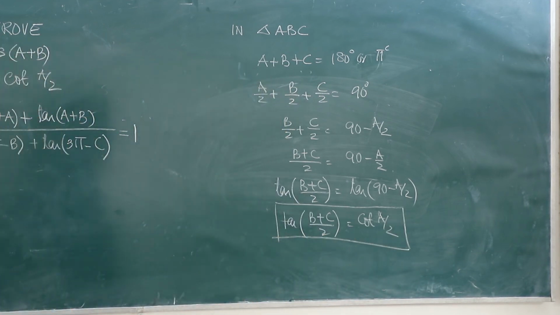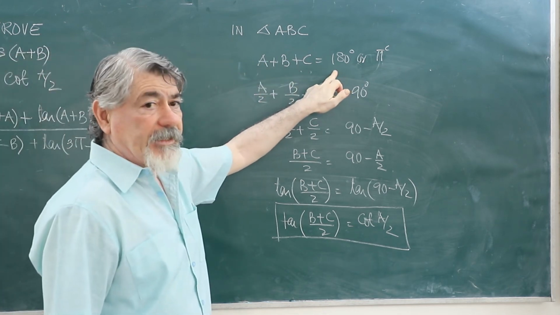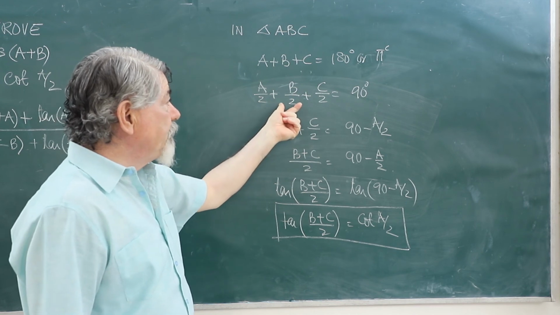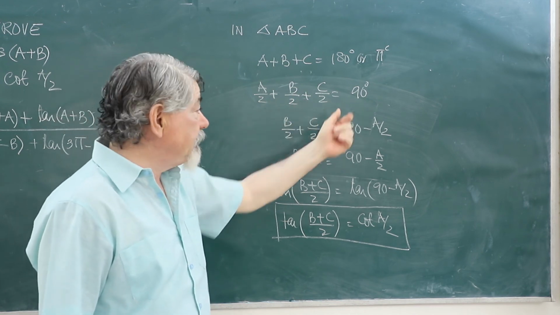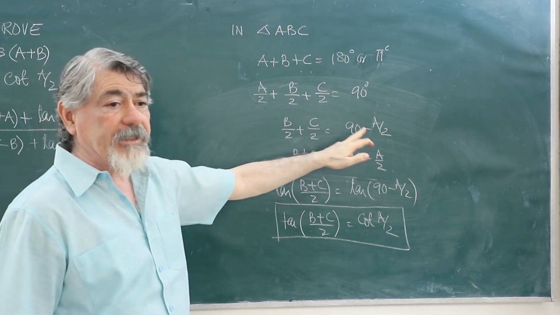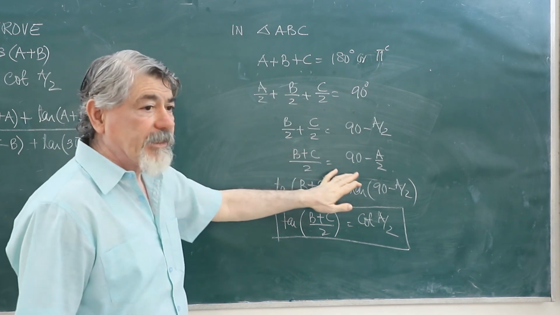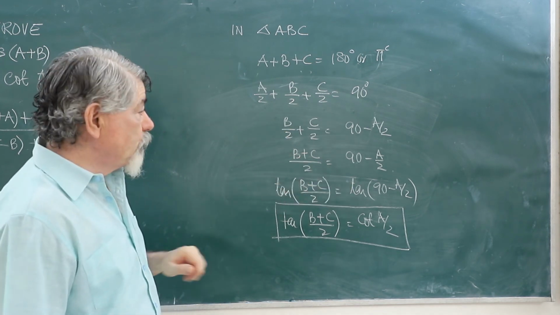So tan (B plus C) upon 2 is equal to cot A upon 2. A plus B plus C was 180, so A by 2 plus B by 2 plus C by 2 will be 90. That means B by 2 plus C by 2 will be 90 minus A upon 2, or (B plus C) by 2 will be 90 minus A upon 2.